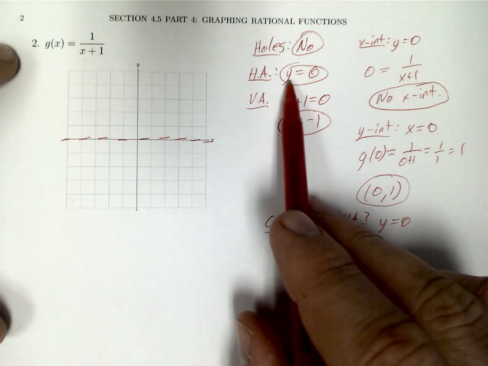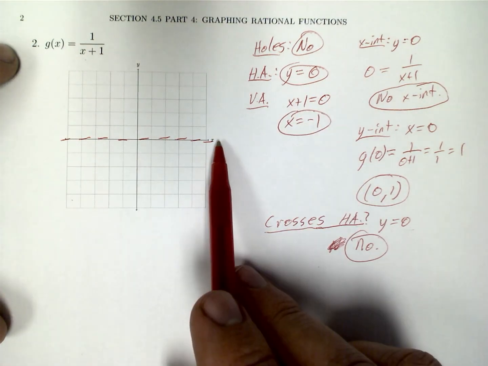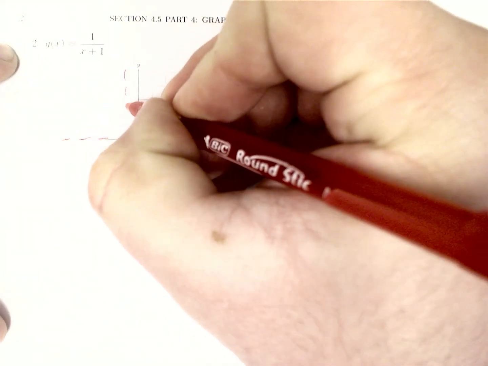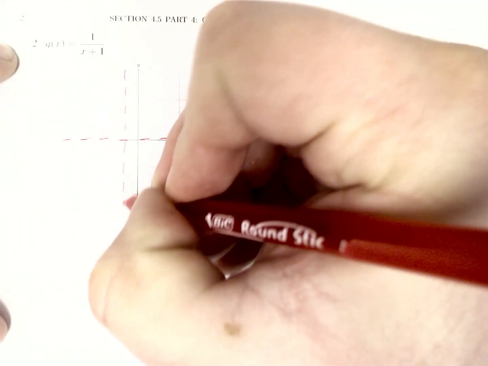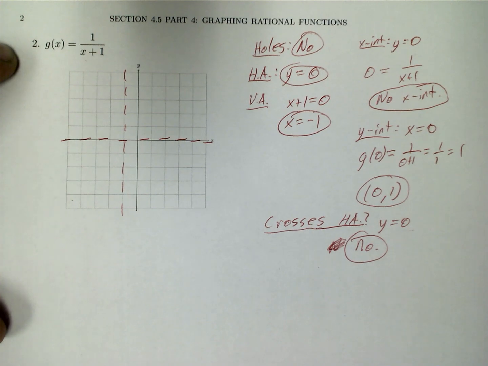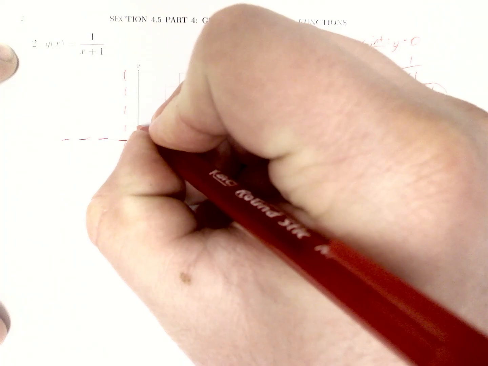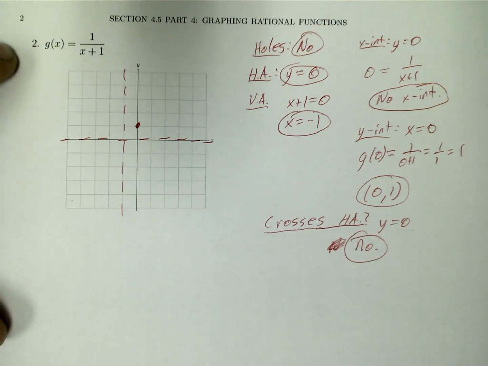We then take all of this information and we plug it in. So we showed the horizontal asymptote, y equals 0. x equals -1 is a vertical asymptote. We also plug in 0, we get out 1. 0, 1. And otherwise, it doesn't cross the asymptotes. So what do we know?